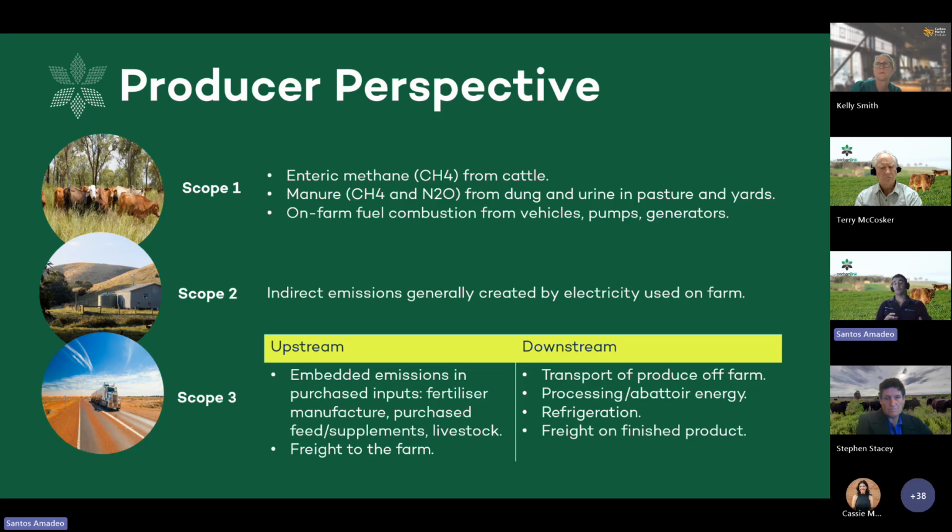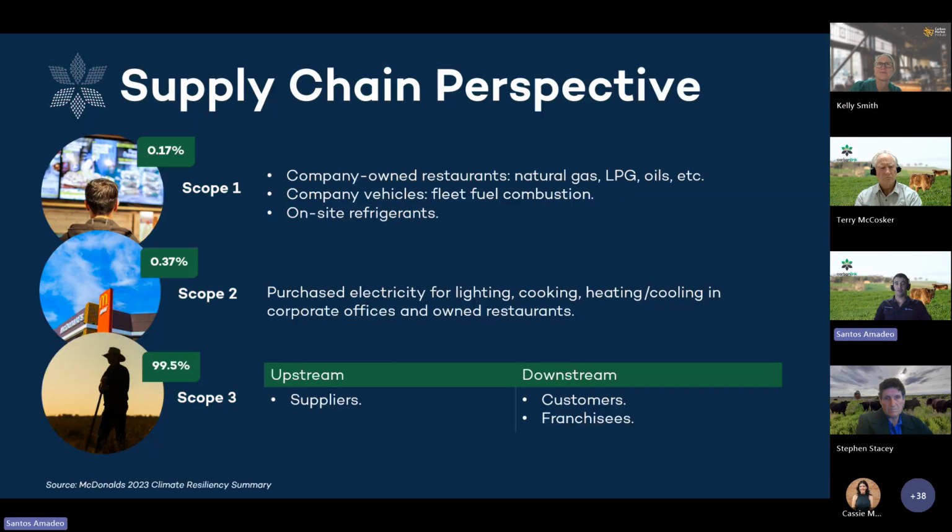Depending on where you sit within the value chain, the scope of emissions may change. To clarify that, let's now look at a supply chain perspective. In this case, I use McDonald's to keep it in the same line of the supply chain. And the first difference that you may notice in this slide is that the weight of the scopes has changed substantially.